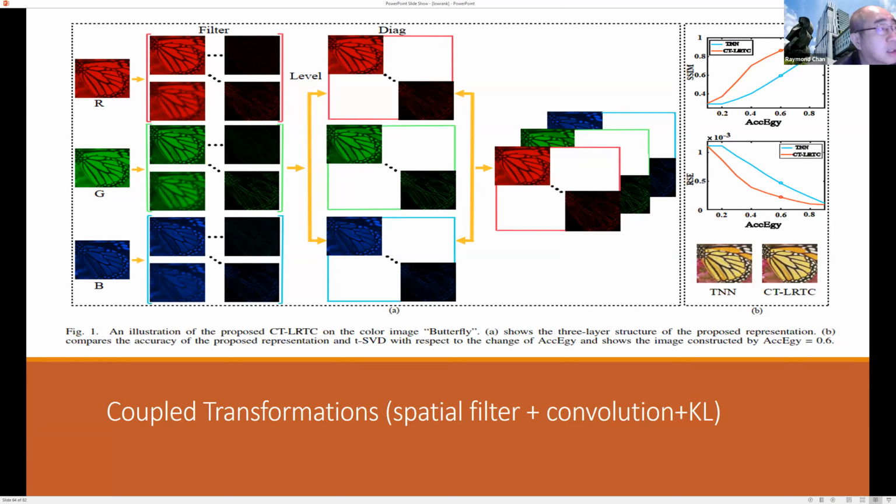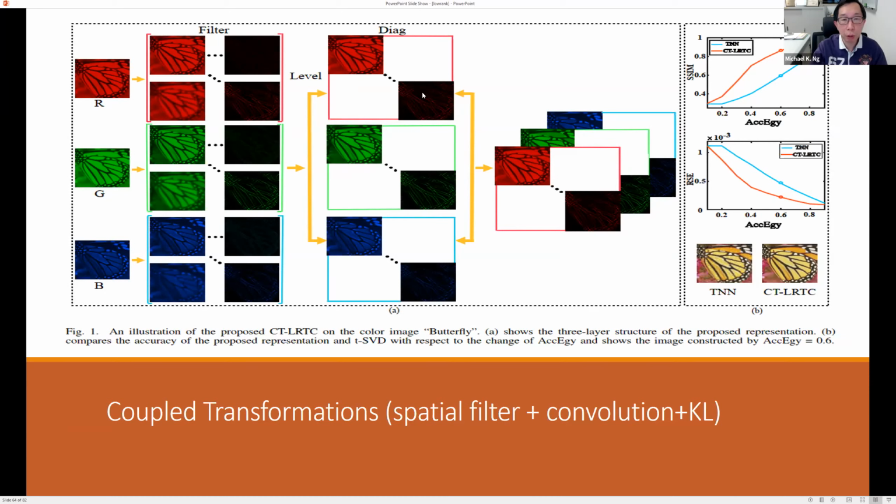Okay, so you can imagine now the RGB. You just operate the convolution on the RGB. But here, on the R channel we first use the filter to get a set of pictures. You can imagine this is like the wavelet or another filter.